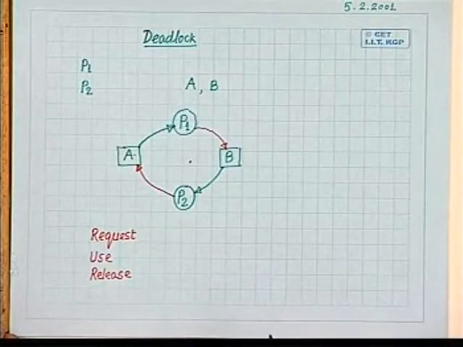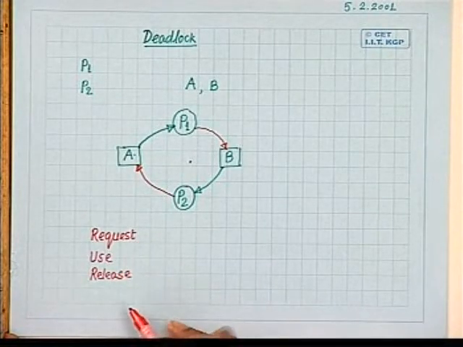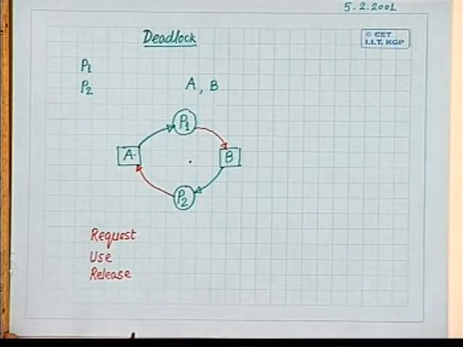So there are some algorithms which are to be followed to ensure that deadlock will not occur. Now, this is the sequence in which the resources are to be requested, used, and released by the processes.